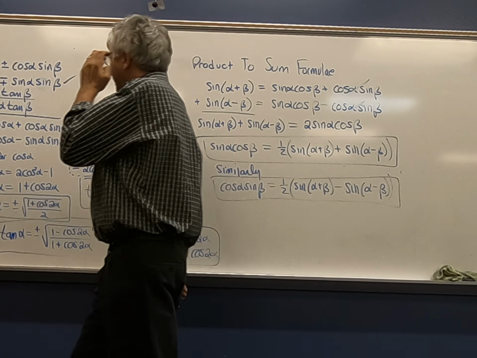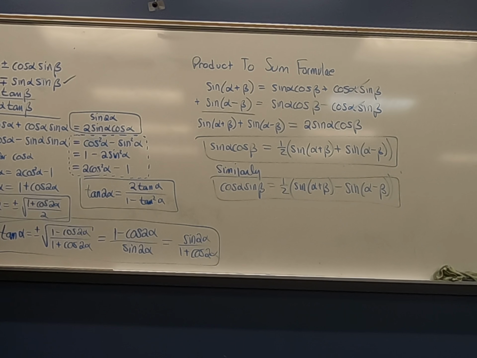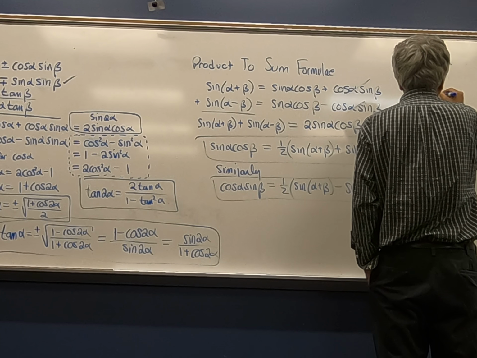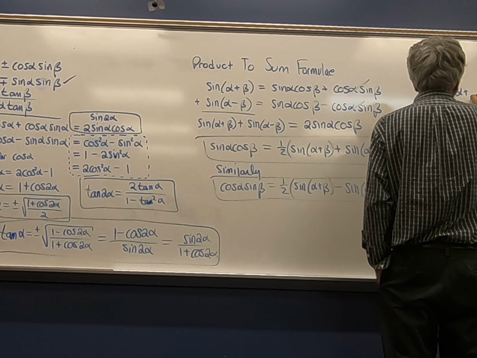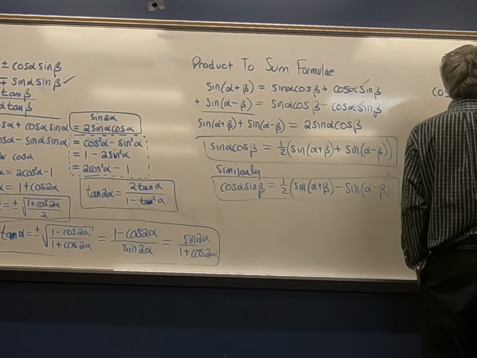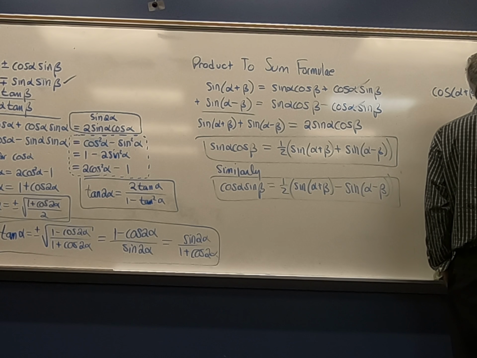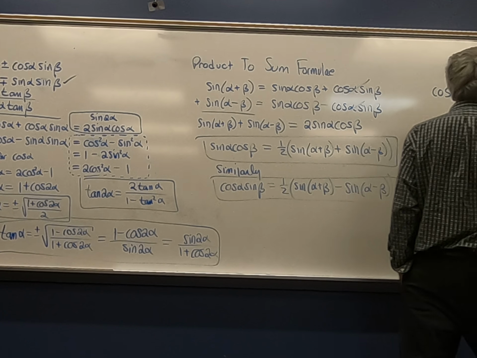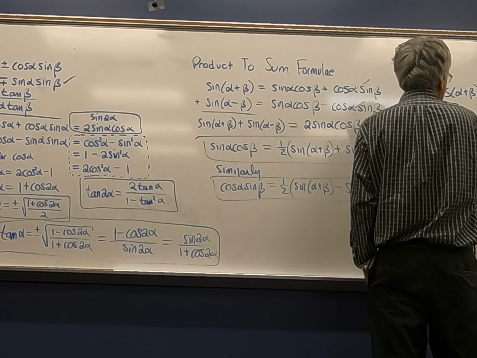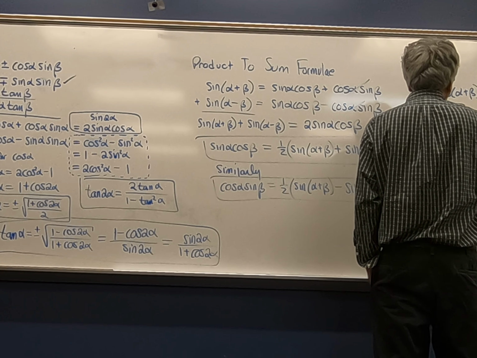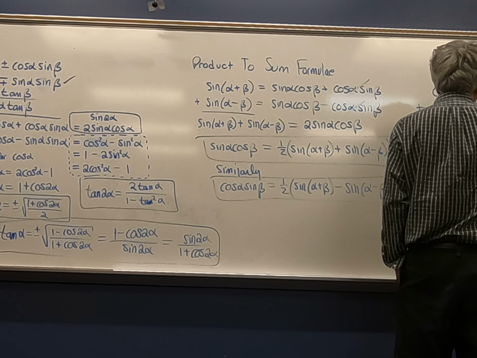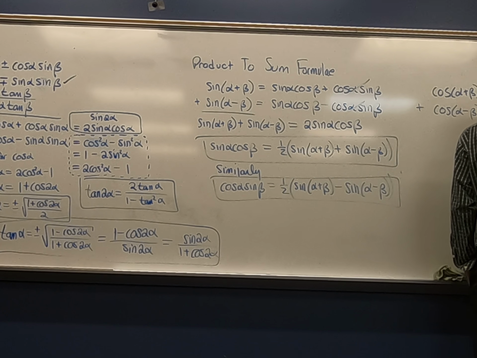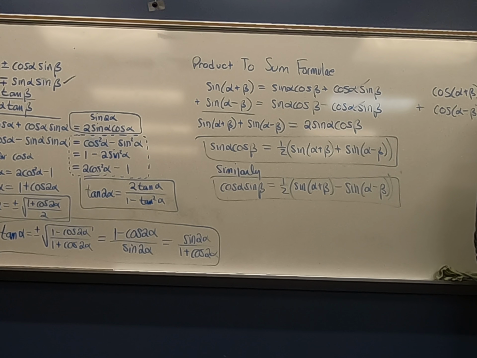So I've got cosine alpha plus beta. That's cosine alpha, cosine beta minus sine alpha, sine beta. And if I add to that cosine alpha minus beta, well, that's cosine alpha, cosine beta plus sine alpha, sine beta.